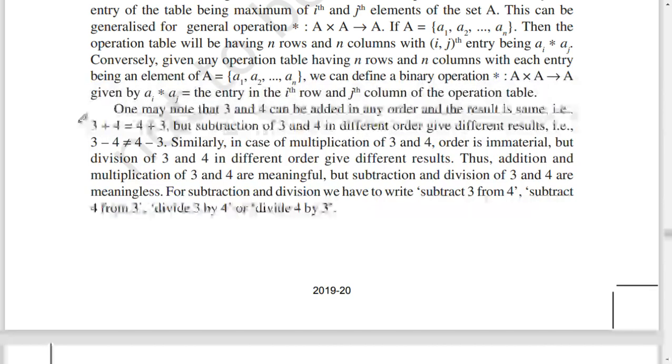Thus, addition and multiplication of 3 and 4 are meaningful, but subtraction and division of 3 and 4 are meaningless. For subtraction and division, we have to write: subtract 3 from 4, subtract 4 from 3, divide 3 by 4, or divide 4 by 3.